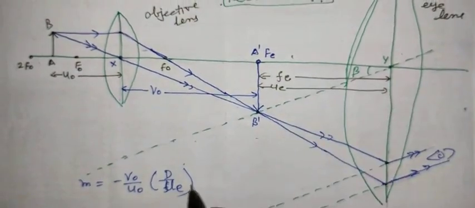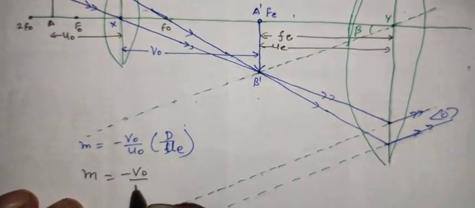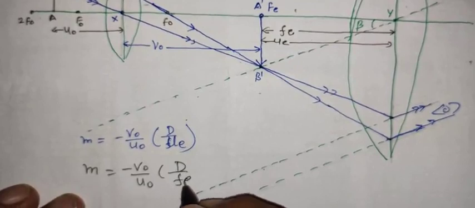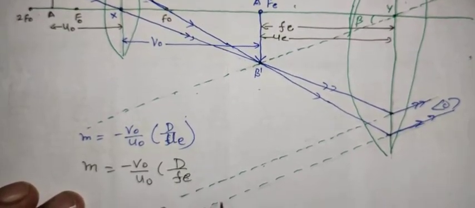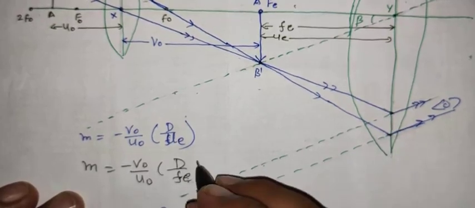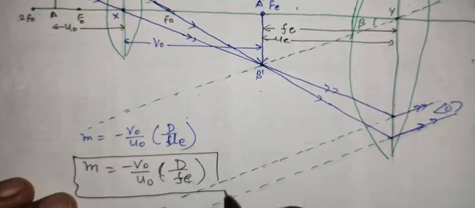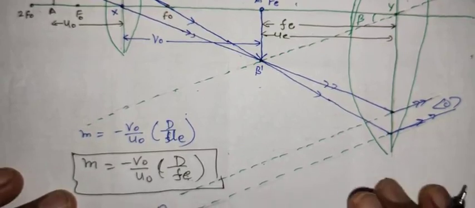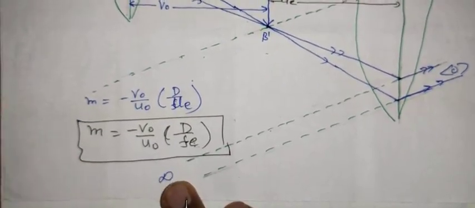So magnification is minus Vo by Uo into D by Fe. Fe we take as positive, because the focal length of a convex lens is positive. So this is the formula to calculate the magnification produced by the microscope when the final image is formed at infinity.